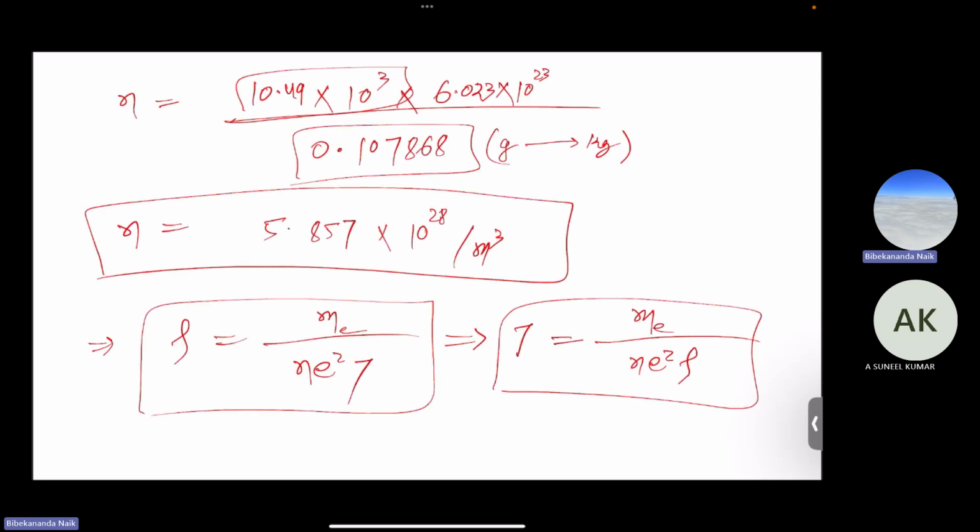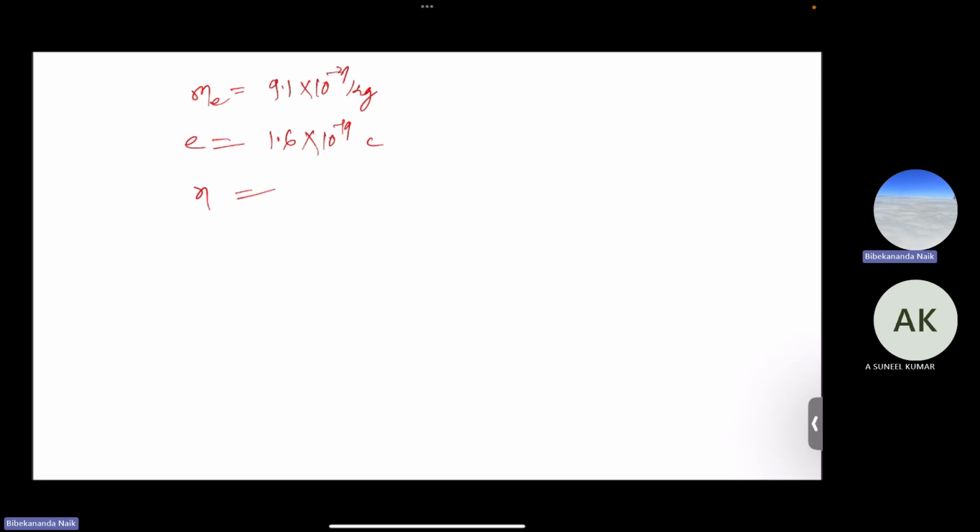So m_e is again 9.1 into 10 to the power minus 31 kg. e is 1.6 into 10 to the power minus 19 coulomb. Then the number density n we just calculated.